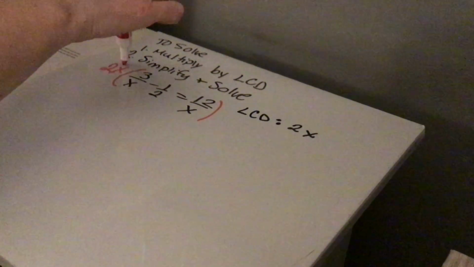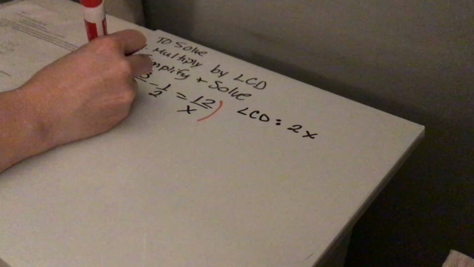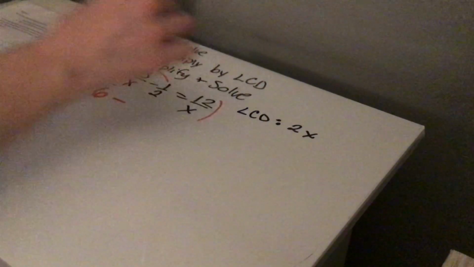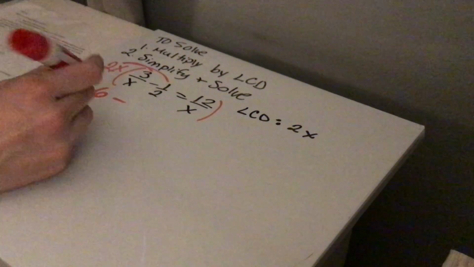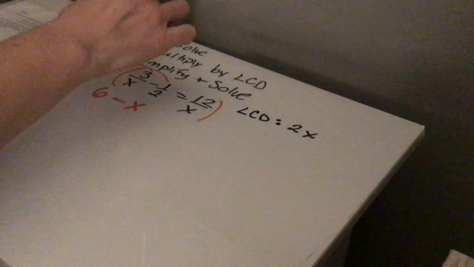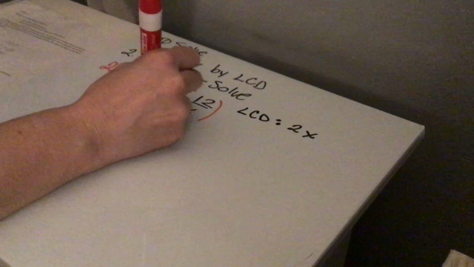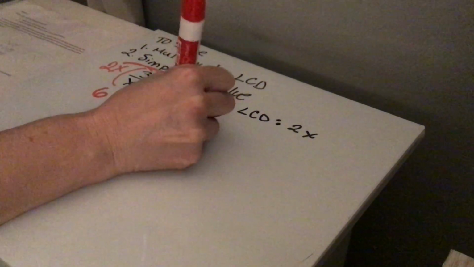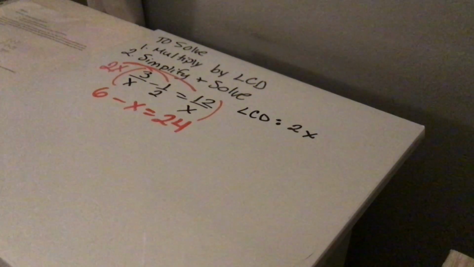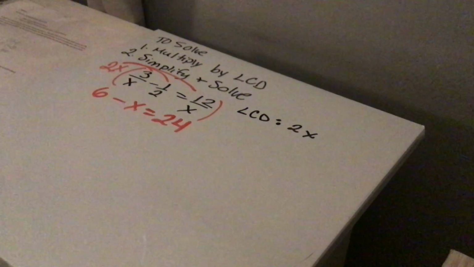If I take 2x and multiply by 3 over x, the x's cancel and I get 2 times 3, which is 6. Minus 2x times 1 half, the 2's cancel and I get 1 times x. Then I multiply by 2x over here. The x's cancel and 2 times 12 is 24. So I get 6 minus x equals 24. This is linear. You've solved these before.